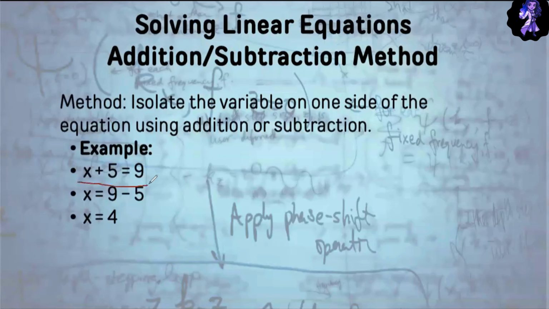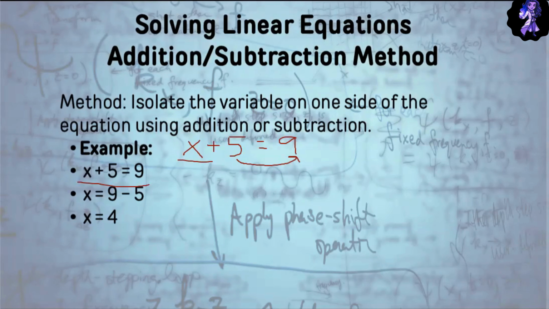In this equation, you see x plus 5 equals 9. What you're trying to do is make sure the variable x is by itself. The way that you do that is by completing the opposite operation and moving everything over to the other side. Basically, the goal is to keep the variable by itself and move every number to the other side.